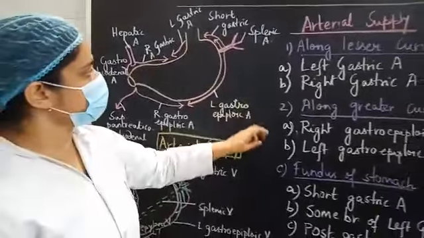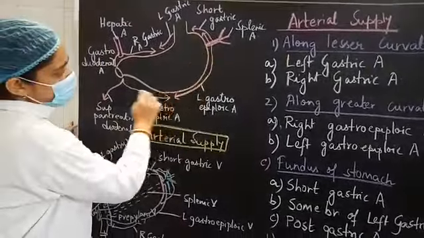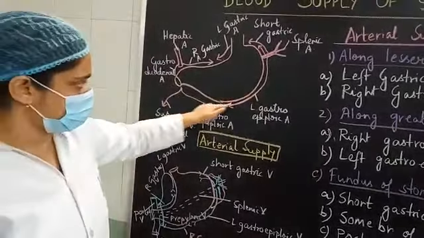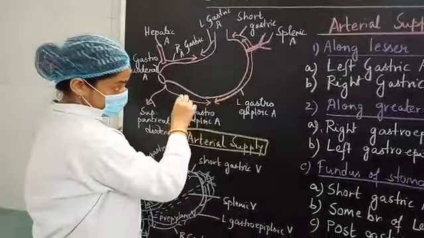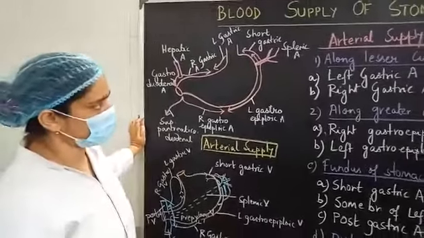Now both these gastroepiploic arteries, they are anastomosing about 1 finger breadth below this, along with this greater curvature of stomach.